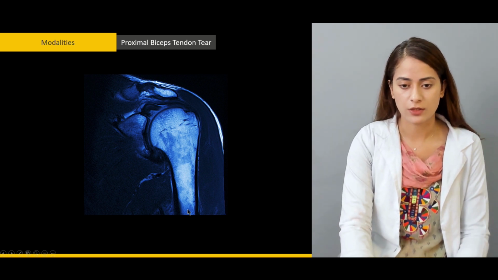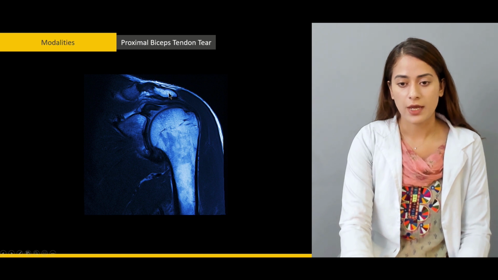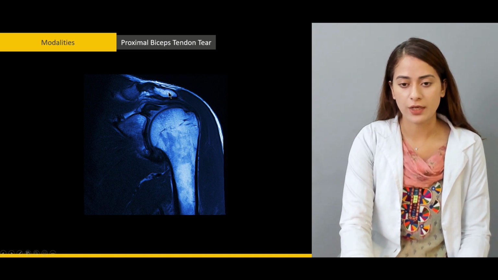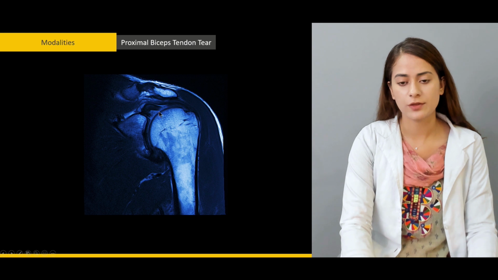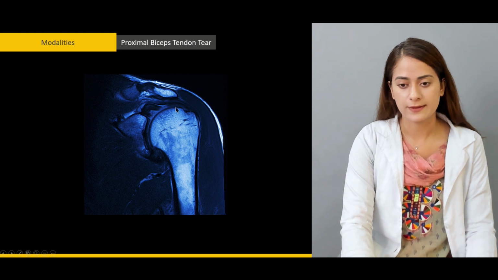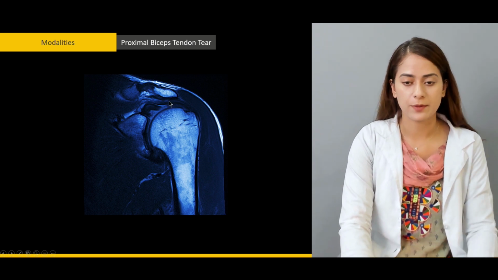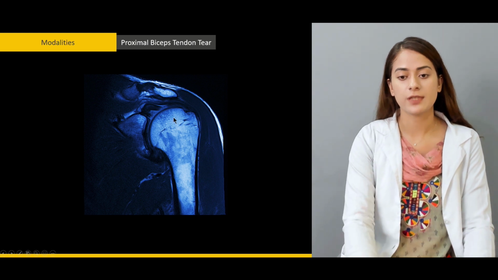This is obviously the humerus, the glenoid cavity and the acromion, and there is also a rupture of the subacromial ligament. But let's just focus on the proximal bicep; there is also a rupture of the subscapularis here.